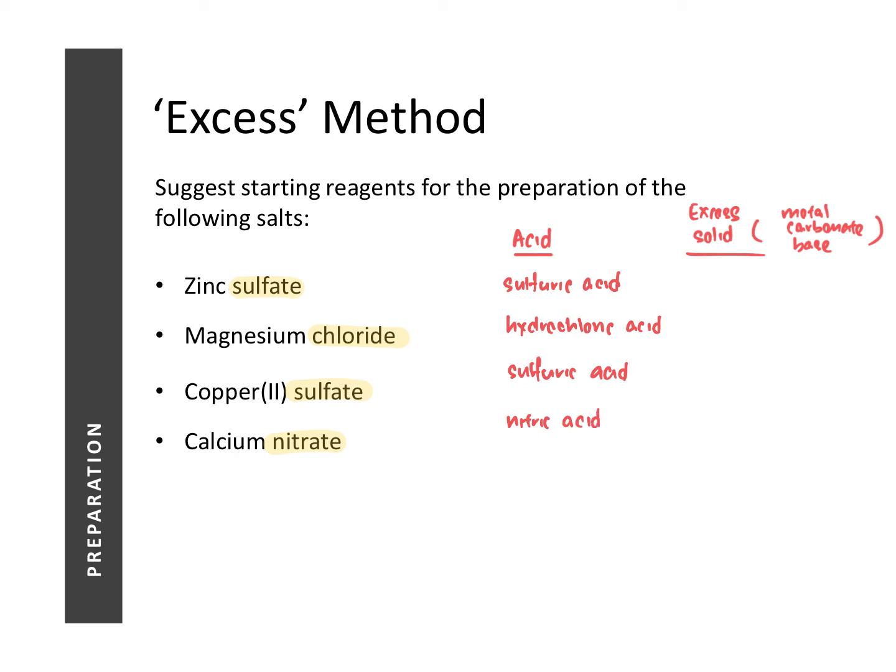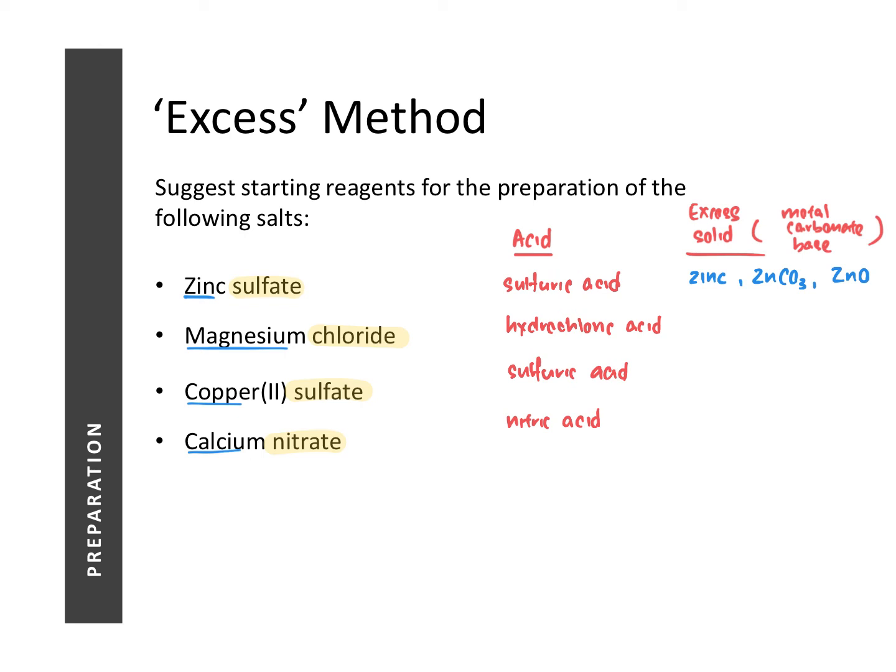Okay, and then for the excess solid, we need to look at the cation part of the salt. So zinc, to get zinc sulfate, we can either react sulfuric acid with zinc, or zinc carbonate, or zinc oxide, the base. Same thing, we can use any of the following in this case.